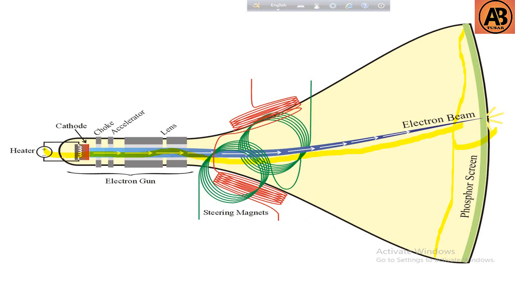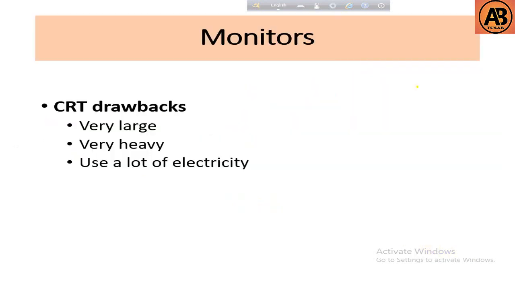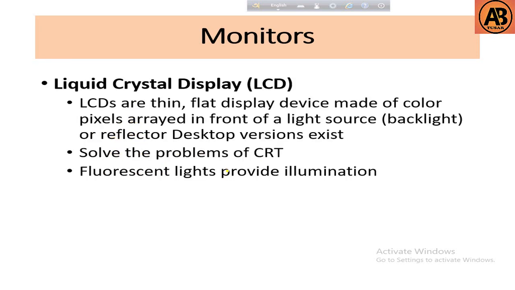And there are different parts: cathode, choke, accelerator, electron gun, lens, steering magnets. All the parts are related to viewing the visual. Then CRT drawbacks. CRT monitors are very large, very heavy, and use a lot of electricity.